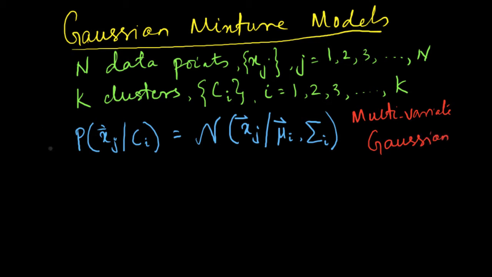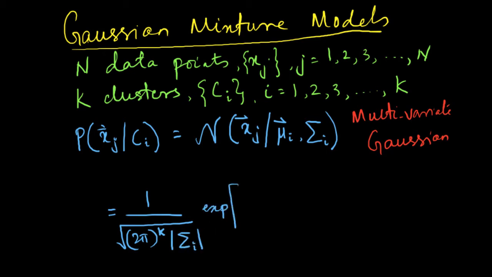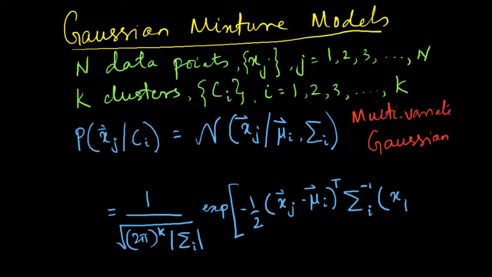and its expression is equal to 1 divided by the square root of (2 pi)^k times the determinant of the covariance matrix, times the exponential of minus half (xj vector minus mu i vector) transpose, the covariance matrix inverse, times (xj minus mu i).